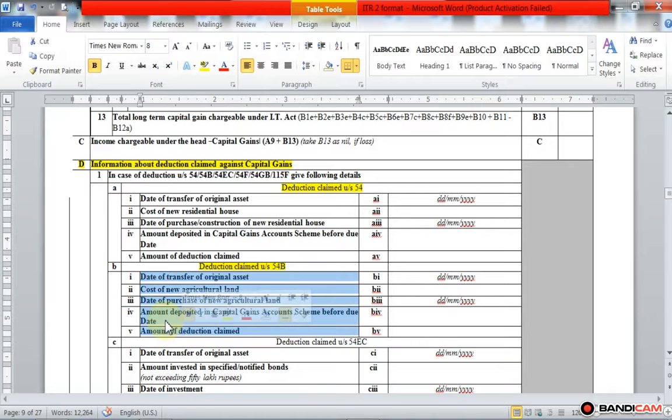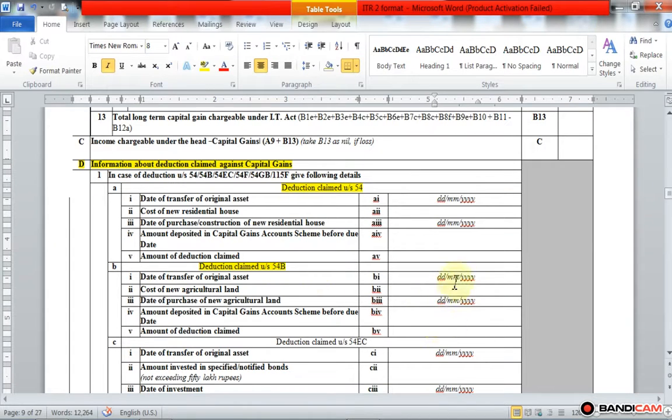It includes the date of transfer of original assets. So here we put the date. Then the cost of new agricultural land. If the land is purchased by the assessee, then the assessee will furnish the cost of that particular land. Then the date of purchase of new agricultural land.